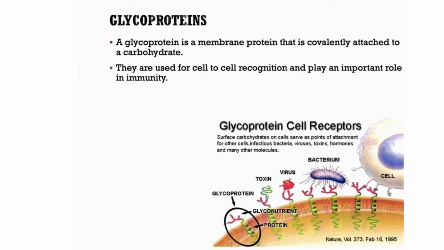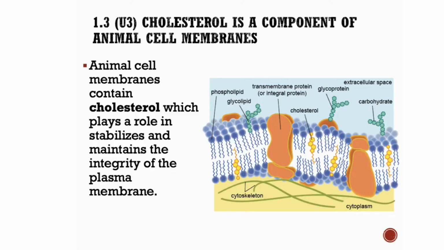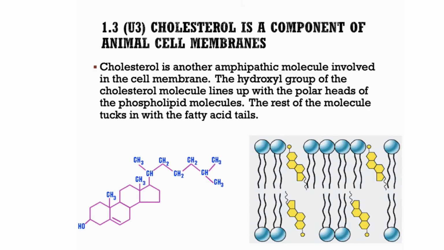This is the glycoprotein, a membrane protein that is covalently attached to a carbohydrate. Glycoproteins are used for cell-to-cell recognition and play an important role in immunity. So, cholesterol. Now I'm going to talk about cholesterol. Animal cell membranes contain cholesterol, which plays a role in stabilizing and maintaining the integrity of the plasma membrane. How? Cholesterol is a type of lipid, but it's not a fat or oil.